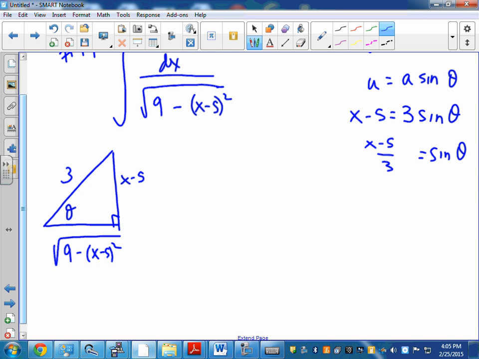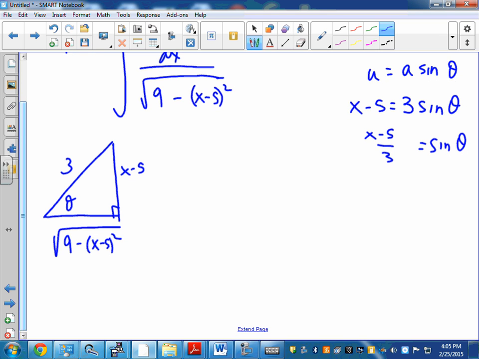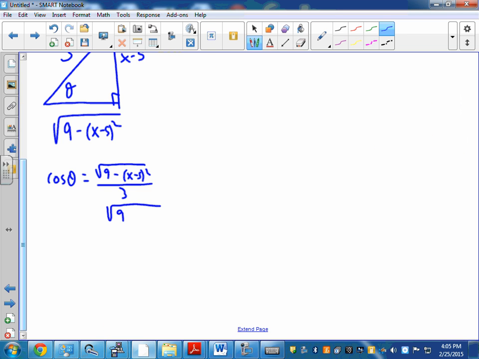And then just so that we're convinced that this is going to help us, the cosine of theta is going to be adjacent over hypotenuse. So the radical, the square root of 9 minus x minus 5 squared, is in fact going to be 3 cosine theta.